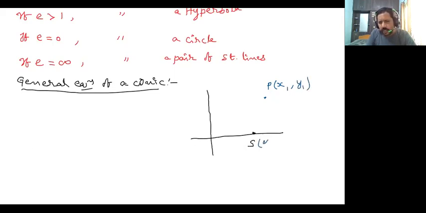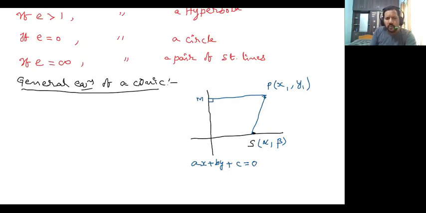Focus is alpha comma beta, and the distance between P and S. Draw the line perpendicular to the directrix passing through P. Take this point as M. The line is, I am taking ax plus by plus c is equal to 0.